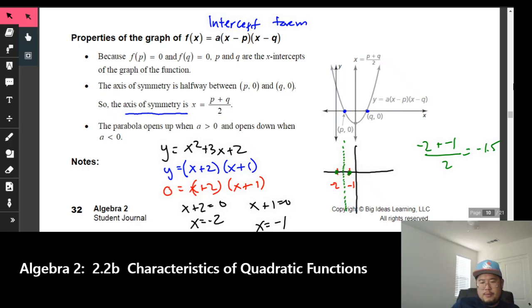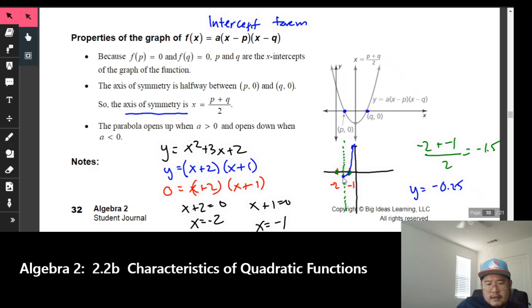To find that third point is the vertex. And remember, you need to take this negative 1.5, you could plug it into our equation, and figure out where the low point is. So if we go ahead and do that, we actually end up with y is equal to negative 0.25, which will be right here.